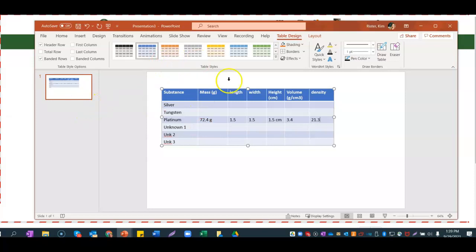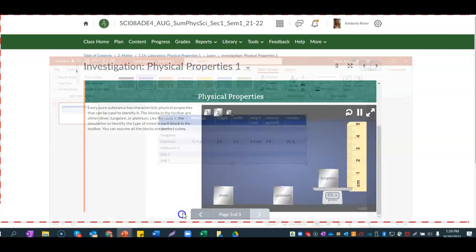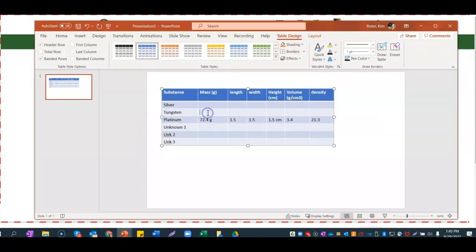Let's go back. And we're going to do this for the tungsten, and it'll move a little faster now that we have everything set up. So this is 65.1 and the same 1.5. 65.1. We know that all of these are 1.5. So all of these volumes are going to be the same.